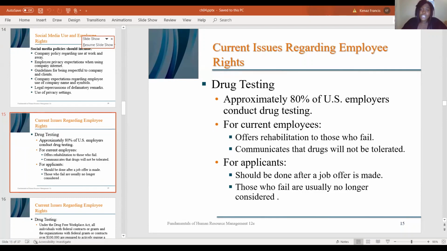So it's an important thing to do. For current employees, offer rehabilitation to those who fail and communicate that drugs will not be tolerated. For applicants, it should be done after the job offer is made. So only after the job offer is made can you have such an invasive procedure. Those who fail are usually no longer considered.